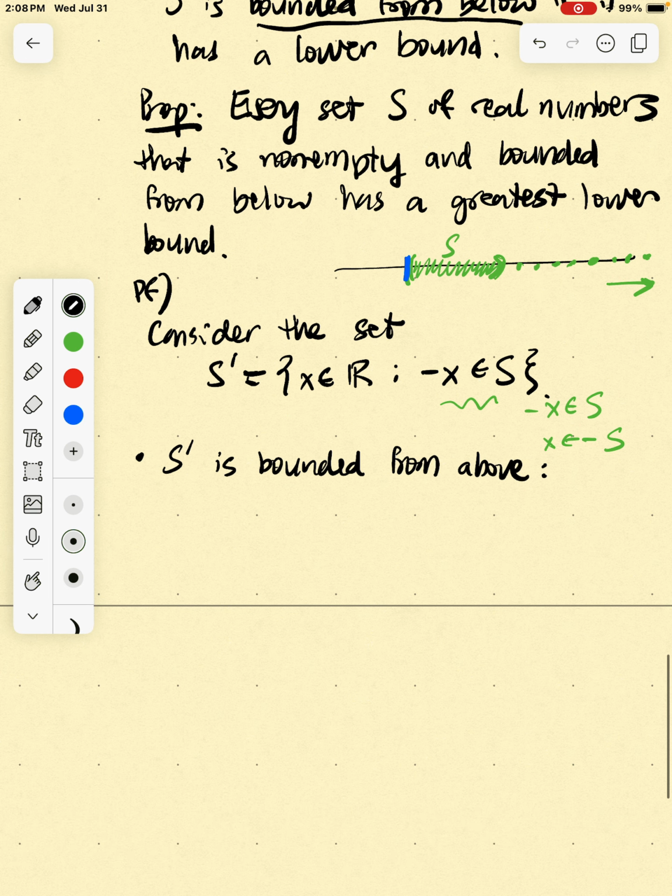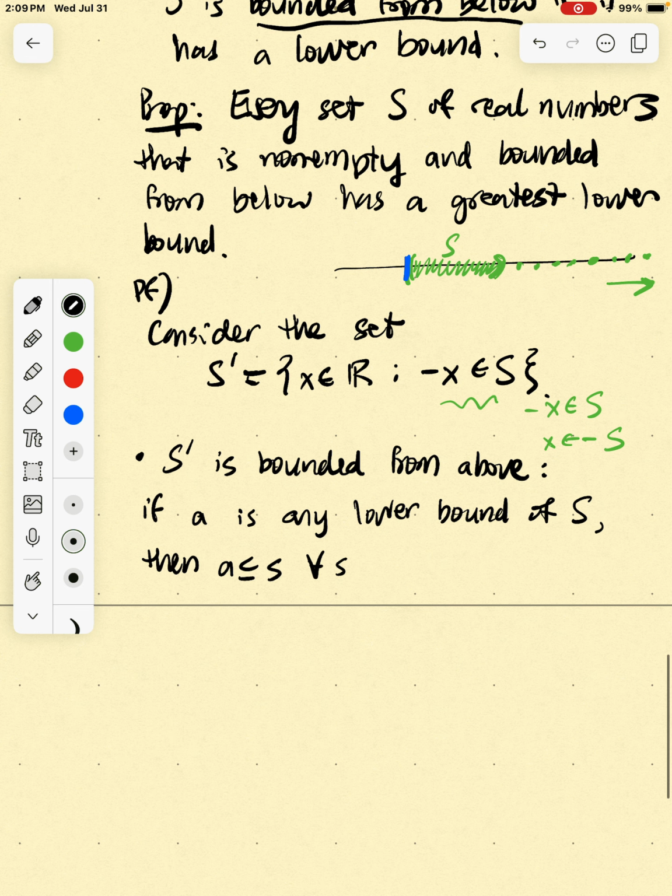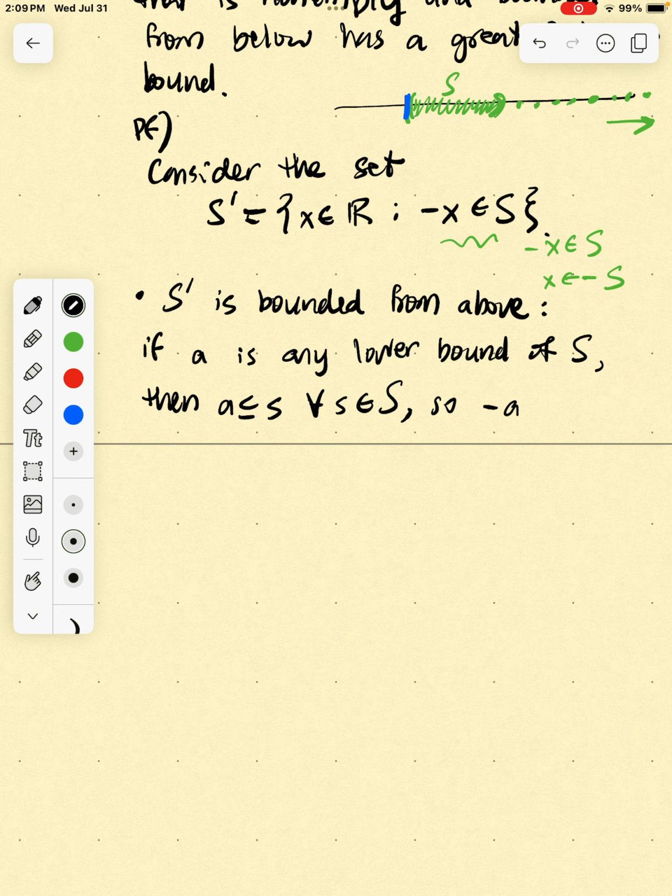Let's prove that. So if A is any lower bound of S, which we know exists because S is bounded from below, then A is less than or equal to s for every s in S. So now if you multiply by negative 1 on both sides, we get negative A is greater than or equal to negative s for all s in S. And the elements of S prime are just of the form negative s.